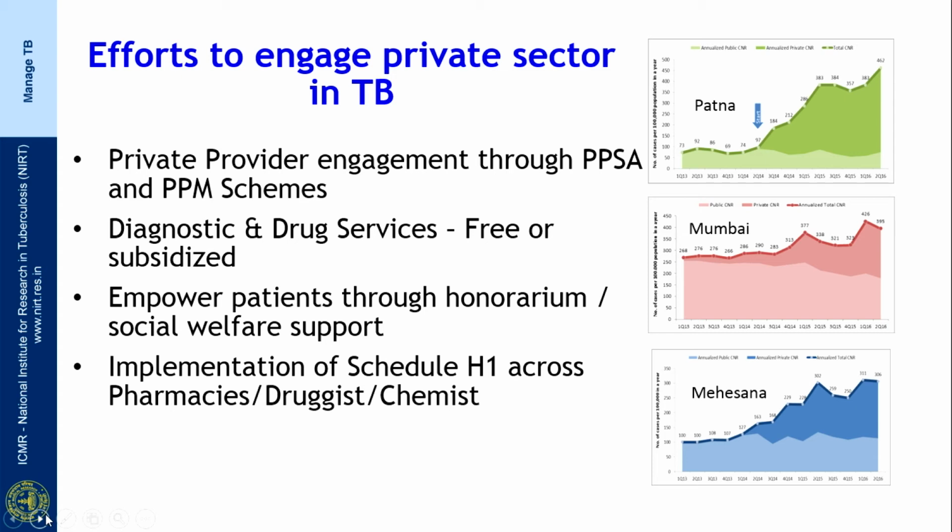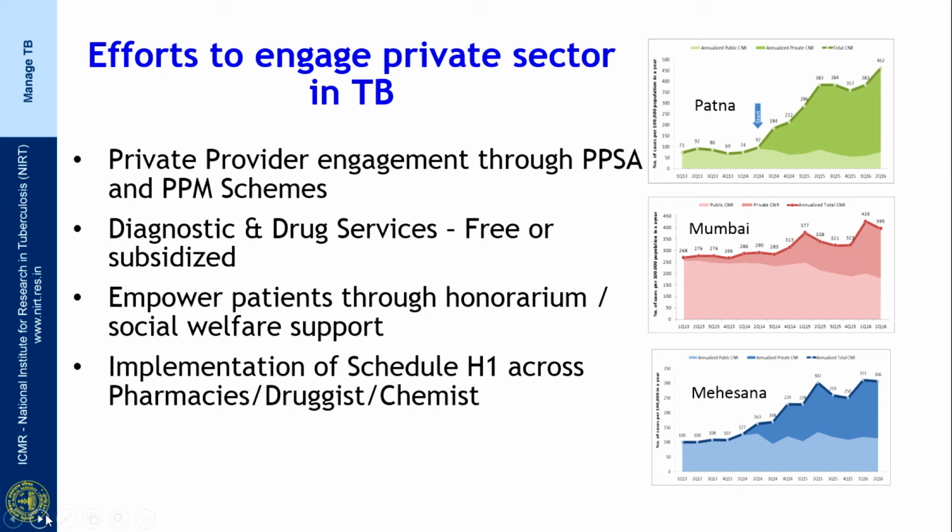So the NTP, or erstwhile RNTCP, was the first program which identified the significance of private providers, and right from the inception of the program itself, the program had certain strategies in which there was an alignment with and engagement of the private sector. And one step going ahead, that is private provider engagement through PPSA and PPM schemes.